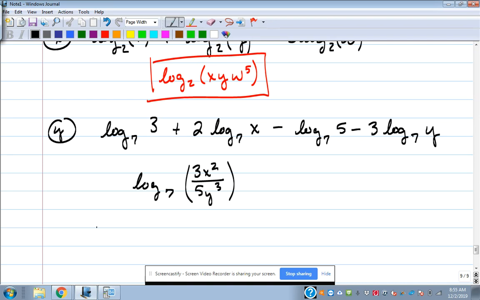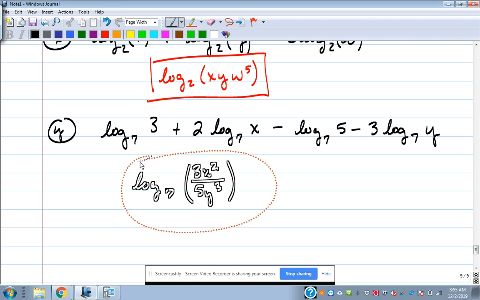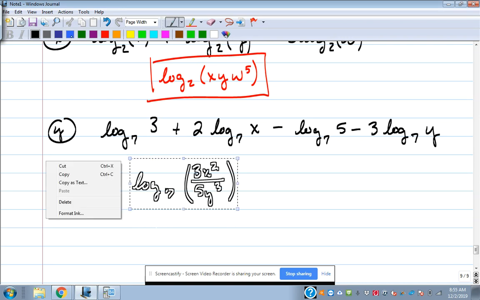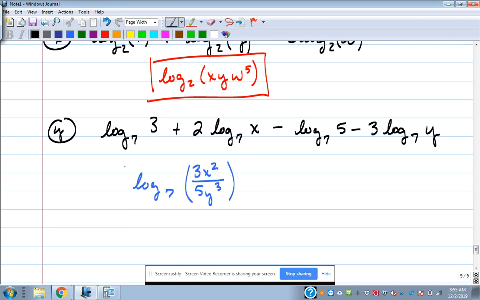All of that inside of one log base 7. You only need one of those. So we see the minus sign putting stuff in the denominator. Positive signs put stuff in the numerator.